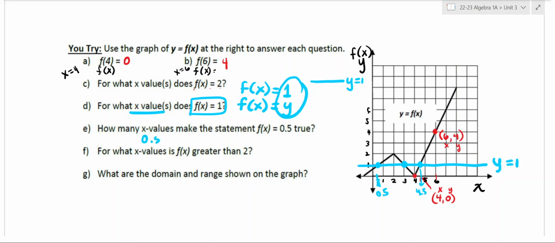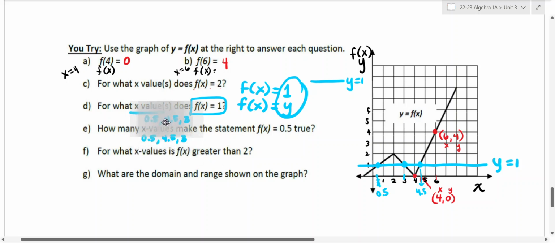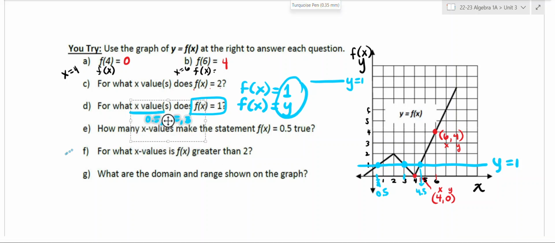For 0.5, for 4.5, and for, oops, sorry, I almost forgot, and for 3. So for 3 different values. And of course, Miss Medina wrote it in the wrong spot, but here she goes trying to fix this. So be understanding, teachers are human and we make mistakes. There we go. I don't like this color.